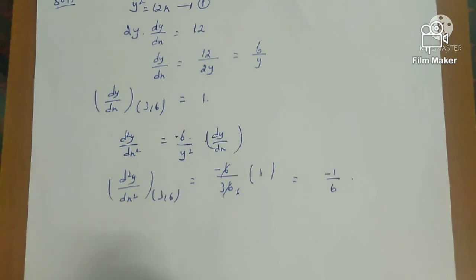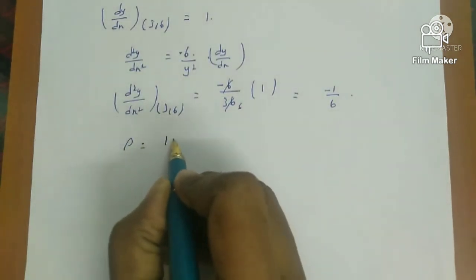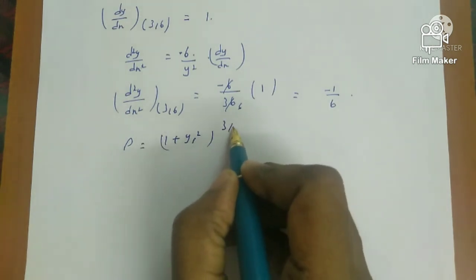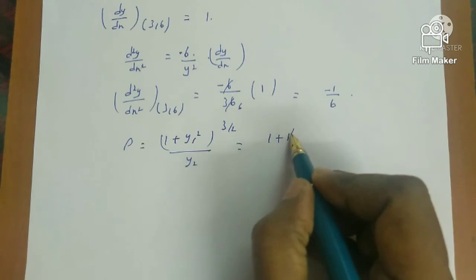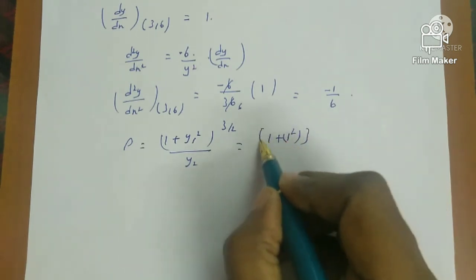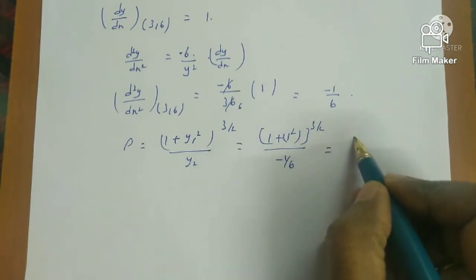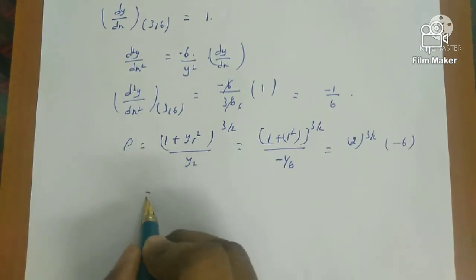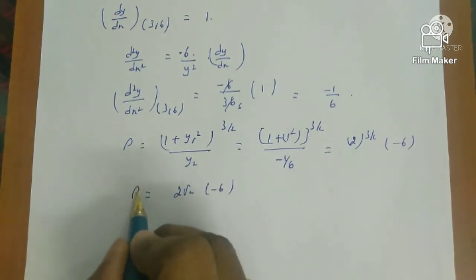Now we know the formula for rho. Rho is equal to (1 plus y1 square) whole power 3 by 2 divided by y2, that is equal to (1 plus 1 square) whole power 3 by 2 divided by minus 1 by 6, that is 2 power 3 by 2 into minus 6. 2 power 3 by 2 is nothing but 2 root 2, into minus 6.